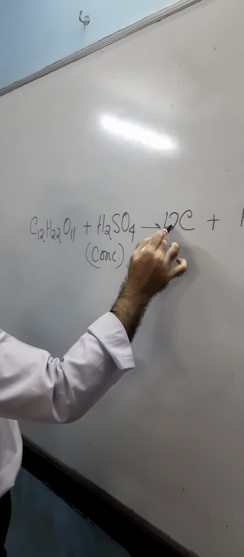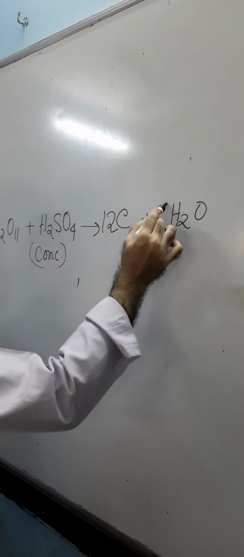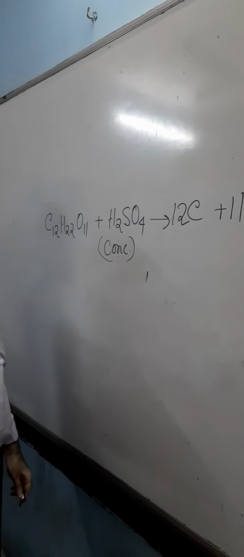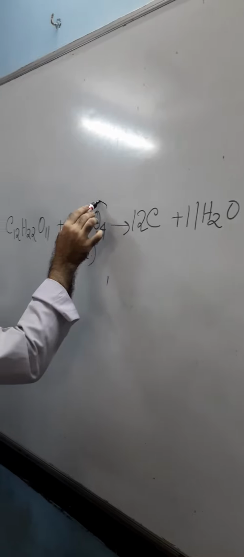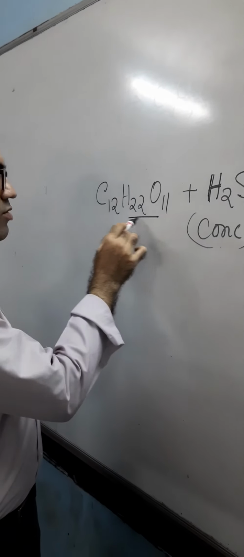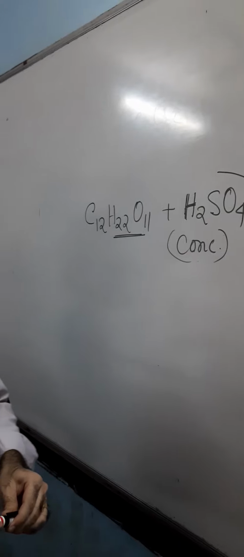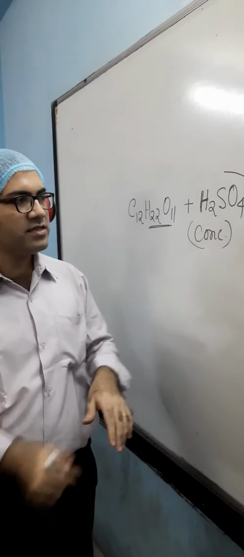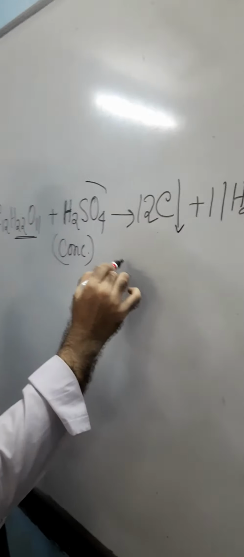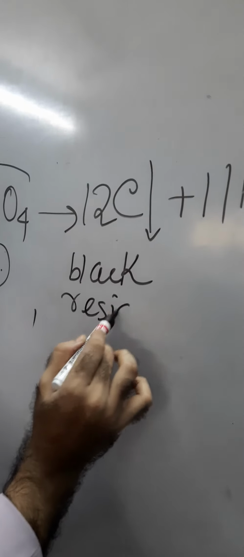We need to balance reactions: 12 carbon atoms and 11 water molecules. The sulfuric acid remains unchanged because it is basically acting as an absorber of the water molecules. The observation for this reaction is the black precipitate, the black residue.